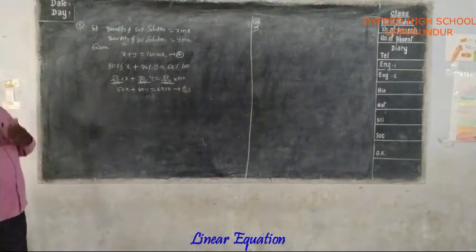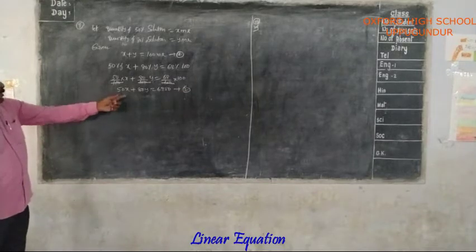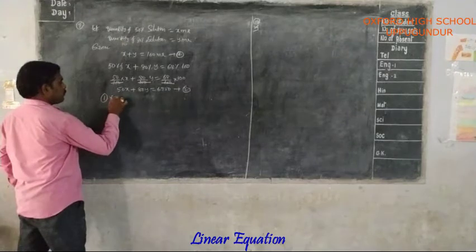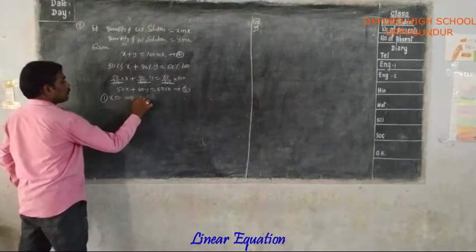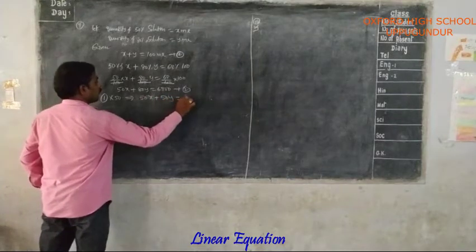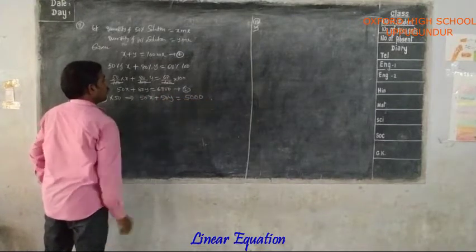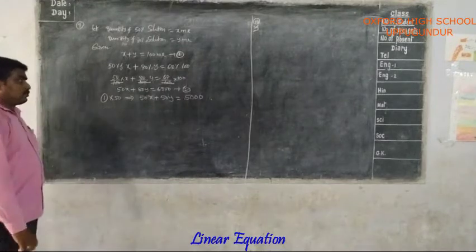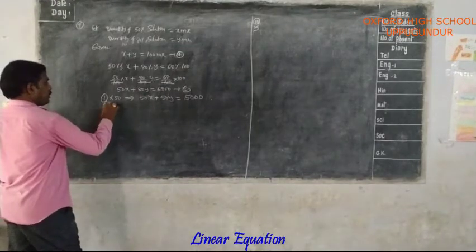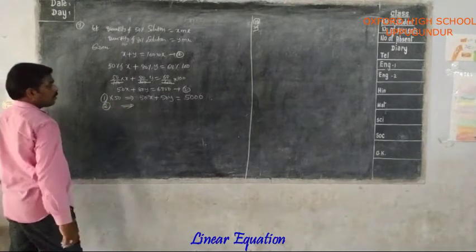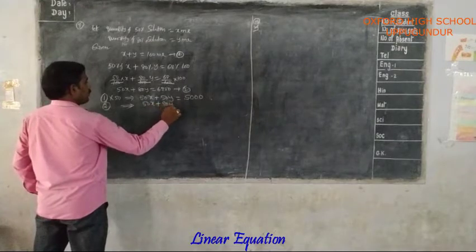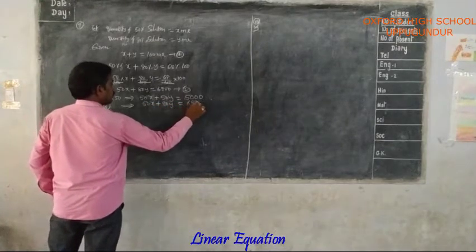Now multiply the first equation with 50 to make the x coefficients the same. So first equation into 50 implies 50x plus 50y equal to 50 into 100, 5000. Next, the second equation I am writing as it is: 50x plus 80y equal to 6800.